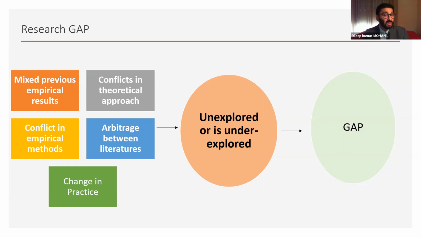Then coming to the empirical methods they have used: as I told you, some people followed phenomenology, some followed grounded theory, but actually a triangulated approach is needed, like case studies, narratives, and phenomenology. They have not used a triangulated approach to corroborate and cross-validate the results coming from different methods.